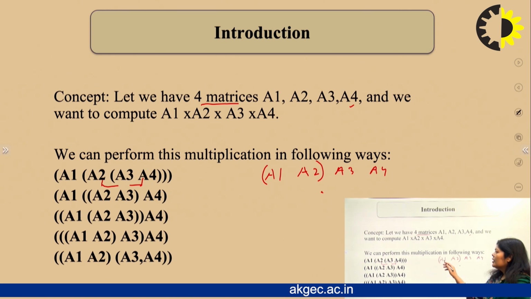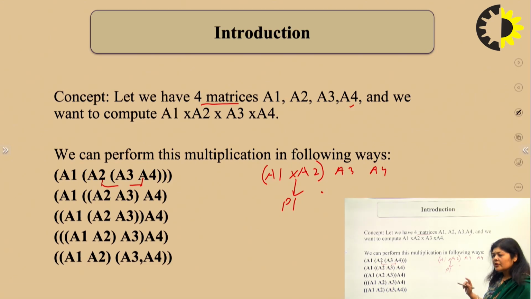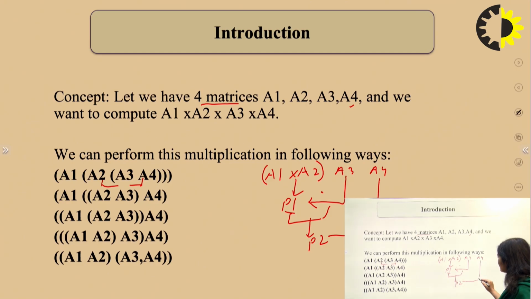For example, if I first pick up A1 and A2 and multiply these 2, I get one product out of this multiplication, denoted as P1. To do further multiplication, I multiply P1 with A3, and in this way I get another product, called P2. Then this product is multiplied with A4, and again I get another product, called P3.